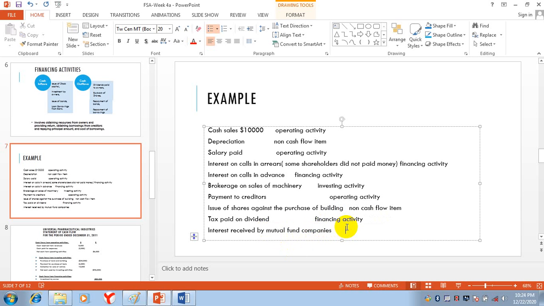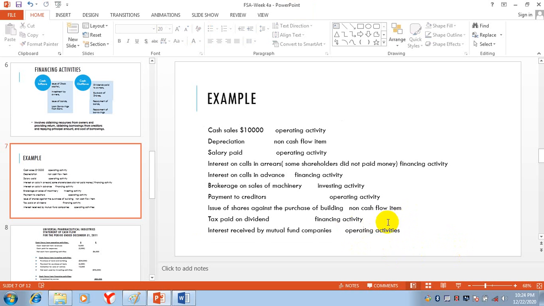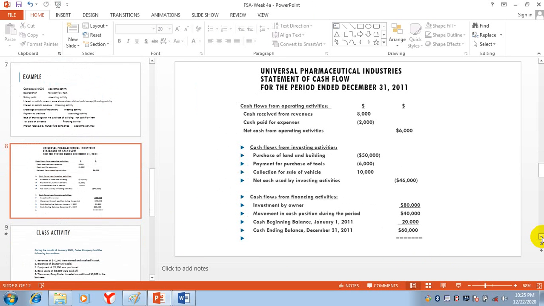So these will be operating activities. These are some items, and I told you which category they will come in.